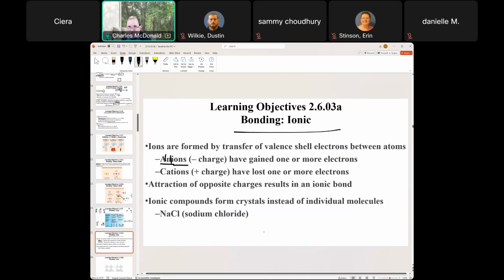Any kind of charged particle, like an electron, which has a negative, or a proton with a positive, is an ion. So the sodium is going to be a cation because he has a positive charge, and the chlorine is going to be an anion, and the mnemonic is a negative ion. Anion is negative, so the other one is going to be positive.